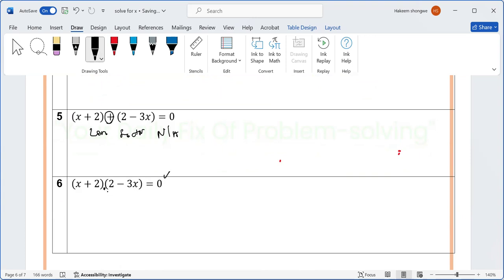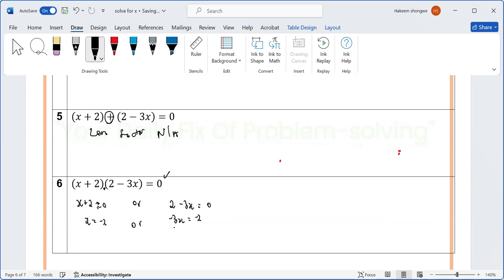If it applies, let's apply it then. What are we going to say? x plus 2 is equal to 0, or 2 minus 3x is equal to 0. Then x is equal to negative 2, or negative 3x is equal to negative 2.